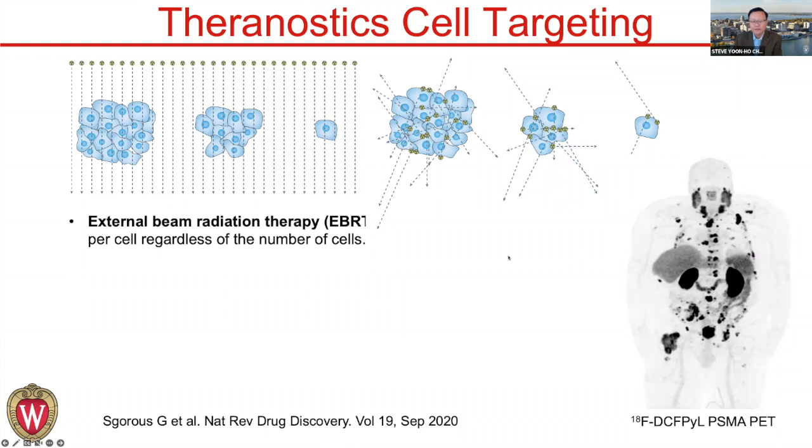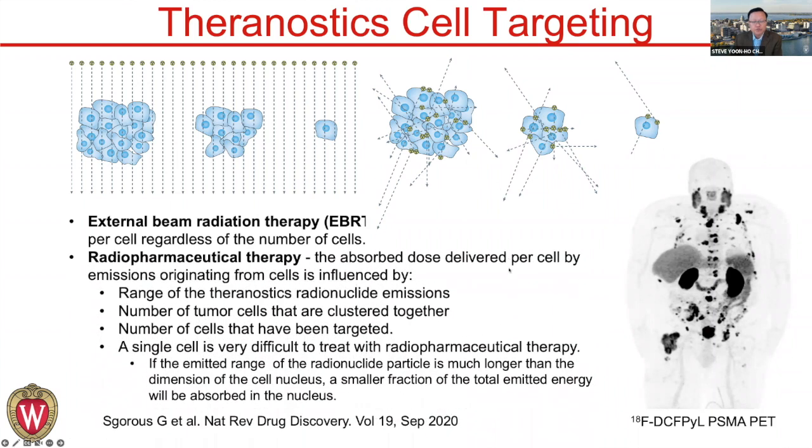And as really well delineated here by Dr. Sgouros in this really nice review article on emerging theranostics, the absorbed dose per cell is influenced by a number of factors: the range of the radioactive emission, the number of tumor cells that are clustered together, the number of cells that have been targeted, and the density of the radioactivity that's targeting the tumor cells.